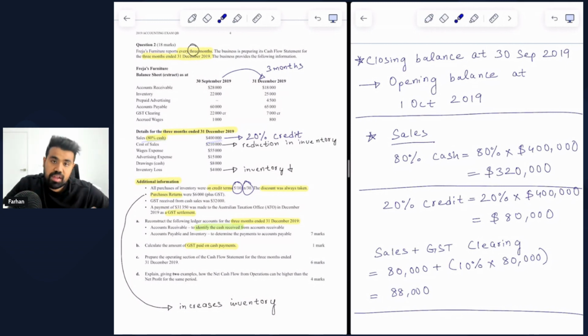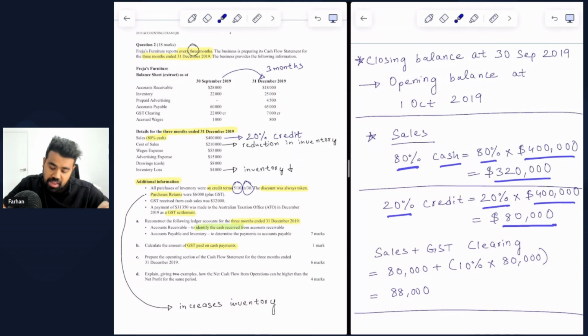So if the total sales is $400,000 and 80% of it is cash sales, the amount for cash sales that we can calculate is 80% multiplied by 400,000, which gives us $320,000. Now, if 80% is cash, then 20% of the sales must be credit, which means the credit sales in dollar amounts would be 20% multiplied by $400,000, which gives us $80,000 as the amount for credit sales.